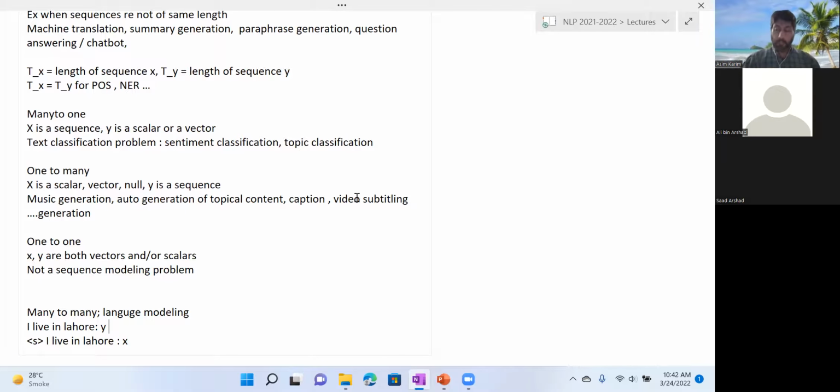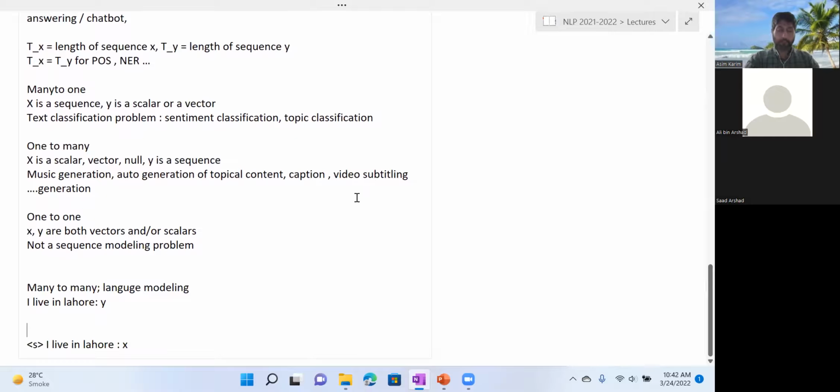Many to many. So, okay, now with that, let's move to how we can use neural networks to do sequence modeling. So first of all, let's say if we have many to one. So input is text, output is a label.